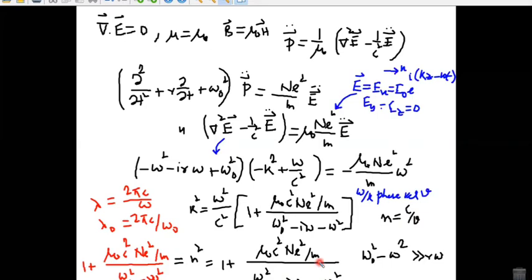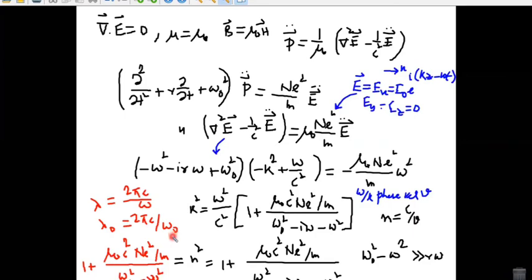So we find that in general the refractive index can be complex, depending on the frequency, and this would lead to absorption. Now if omega naught square minus omega square is far greater than R omega, that is, the damping is small and the absorption is neglected, the refractive index is real in this approximation. In vacuum, the wavelength is 2 pi c upon omega, and lambda naught is 2 pi c by omega naught.